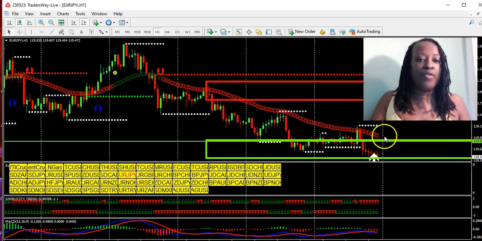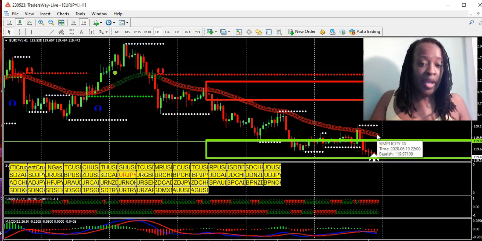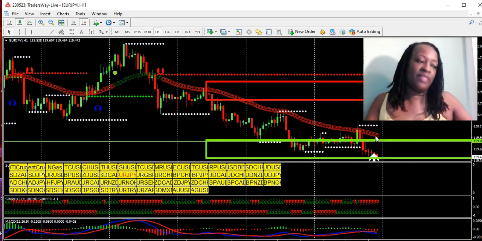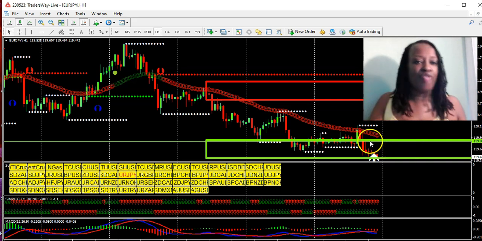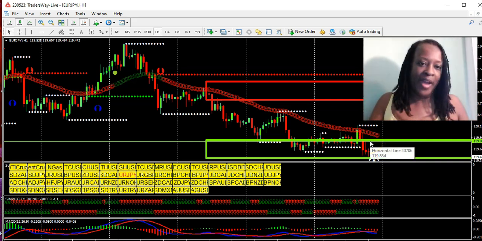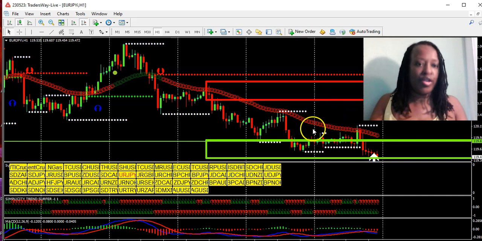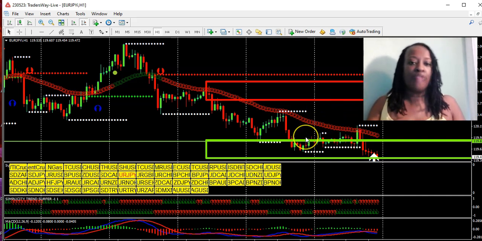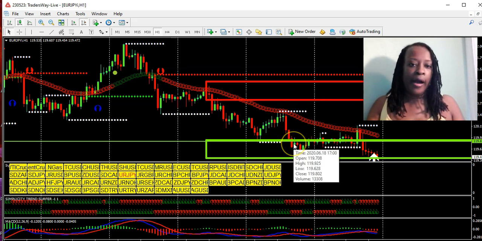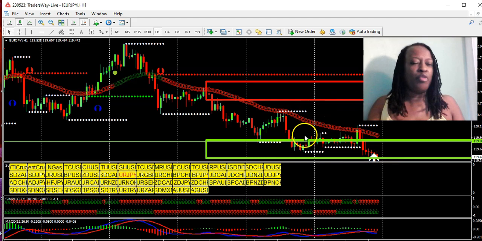You want to wait for it to come out of the zone, and once it comes out of the zone and closes, then we use the rest of our confirmations, take the trade and ride it up. It's a beautiful way to trade this system, by the way. I'll do some more videos strictly on that so you can see if it's something you want to do as well. But powerful, powerful.